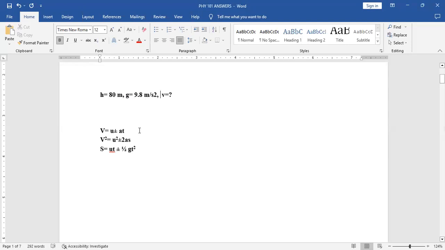Looking at the equations of motion that we have written here, let me take this one as equation 1. This is equation 2. And this one is equation 3.